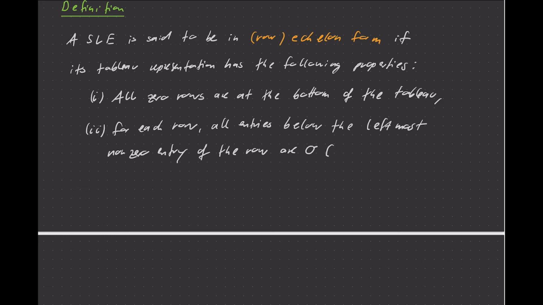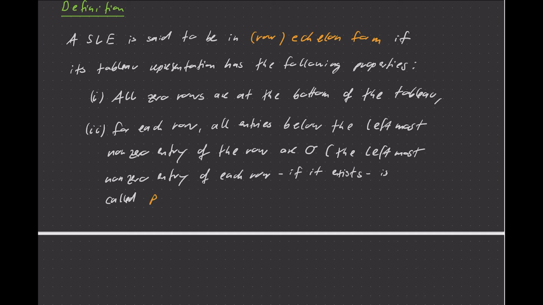And this leftmost non-zero entry of the row is called the pivot element. The leftmost non-zero entry of each row, if it exists, is called the pivot element. Of course, it doesn't exist for all 0 rows.